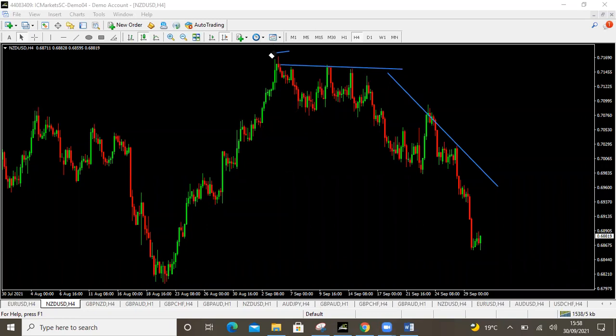Note that this is what you do every time you open your charts. The first thing you want to do is to note the cycle that you're on, so that the cycle will guide you to know what kind of trades you should be taking. The next step, after knowing your trend, is to check for entries.